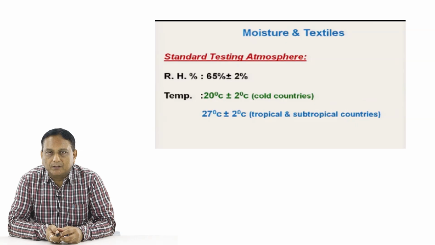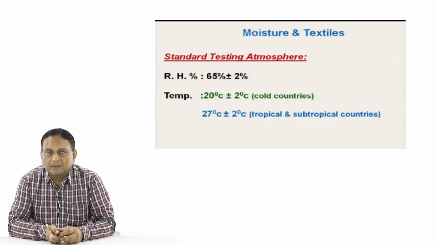Now when you are talking about moisture, one must admit that moisture will depend upon atmospheric conditions. So what do we mean by atmospheric conditions? We talk about relative humidity, and 65% plus minus 2% is the standard.